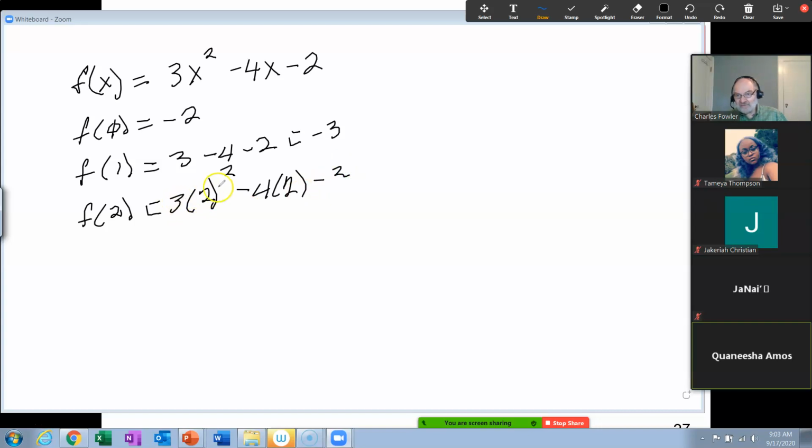So this is 3 times 2 squared, which is 3 times 4, minus 8 minus 2. This is 12 minus 8 minus 2. Oops! We started going up. So it looks to me like the minimum is going to be somewhere between 0 and 1.